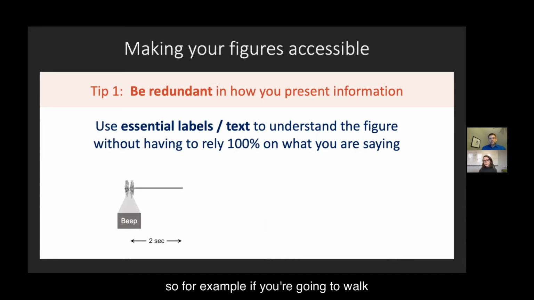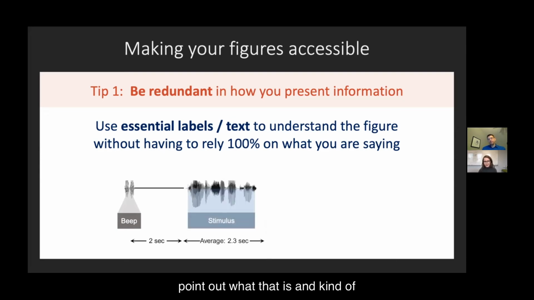So for example, if you're going to walk through the timing of a trial structure in an experiment, not only do you have the audio stimuli visualized, you also have an important label to point out what that is. And kind of similar to what I talked about in the beginning of the workshop, where you step through, show one thing at a time. Here I have the stimuli visualized, but I also have the label to help, and so forth.